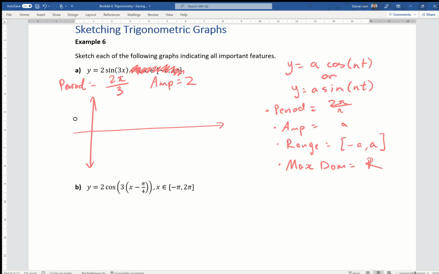Sine starts at 0, whereas cosine starts at the top. So let's start at 0. A multiplication of an amplitude, even an amplitude of 100, still starts there unless we've got some sort of translation. We know it goes up and then back down. Agreed?